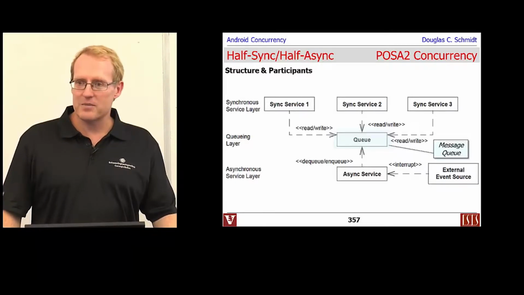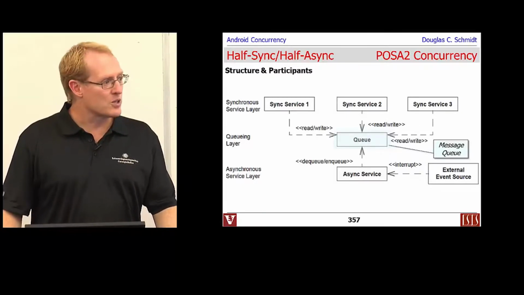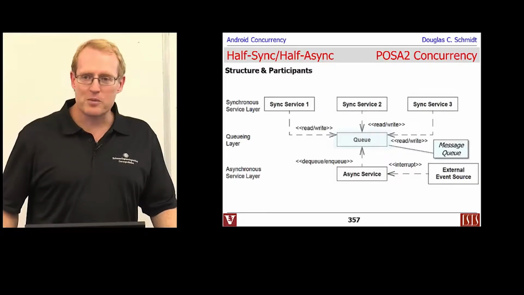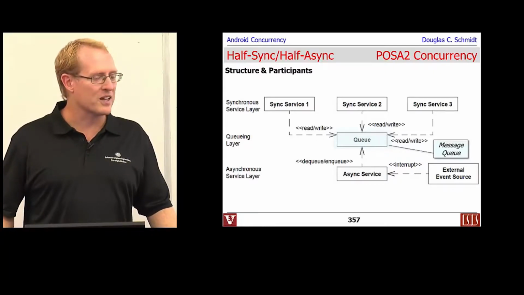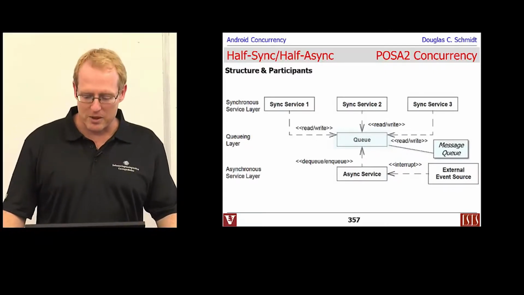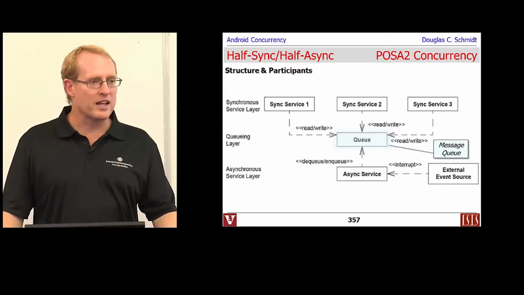And 99 times out of 100, or probably 99.999% of the times out of 100, that queue is a so-called synchronized queue. So all the stuff that we've been talking about with regard to monitor objects and bounded buffers and buffer queues and blocking queues and all that kind of stuff, that's the kind of queue that we're talking about here. So the queue here would be something like the Android message queue or the blocking queue or other kinds of queues like that.